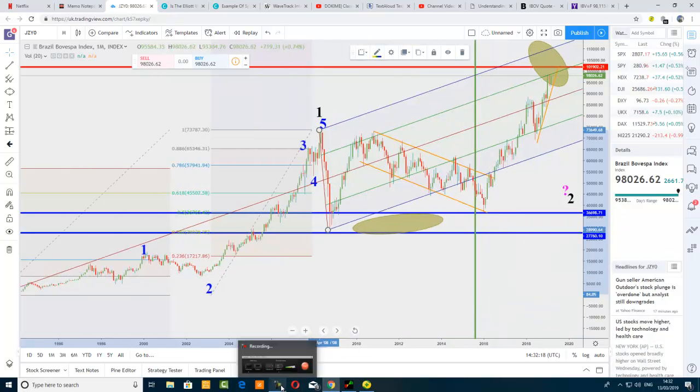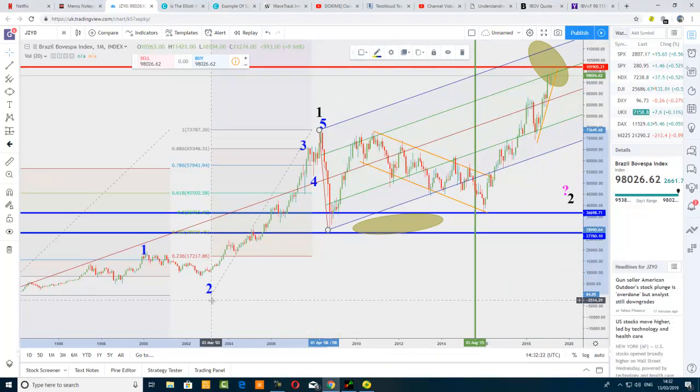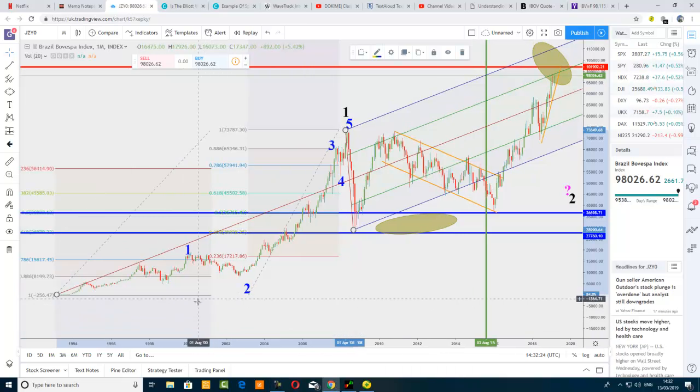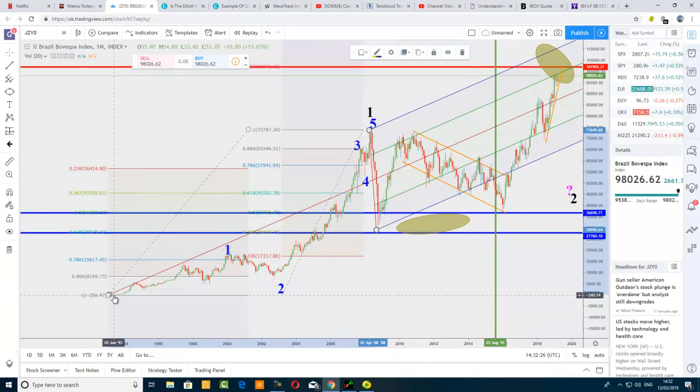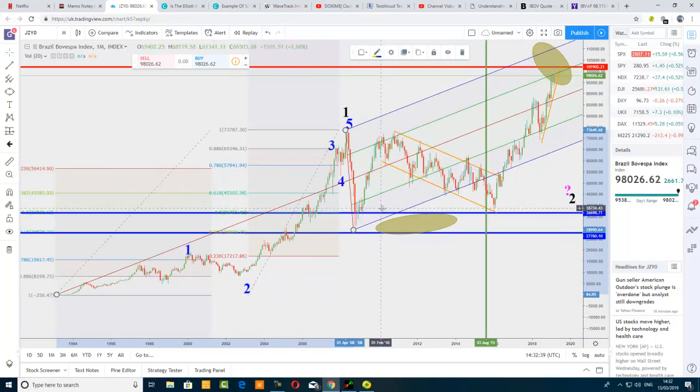Have I been talking too much today? Am I too excited? Am I becoming too much Brazilian? Brazilians like to do things very fast. You can see how their index is extending all the time. Extension, all right. Third wave extended. Now they are pushing it very fast. They like to do things very, very fast in Brazil. Is it Brazil or Brazil? Okay, I'm speaking French. Brazil in French.